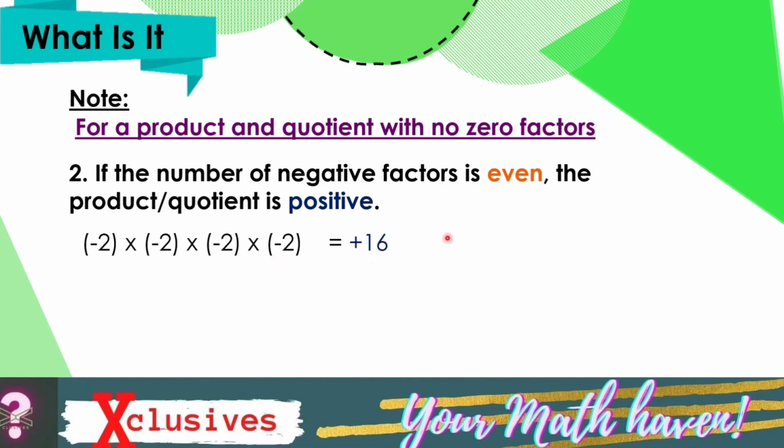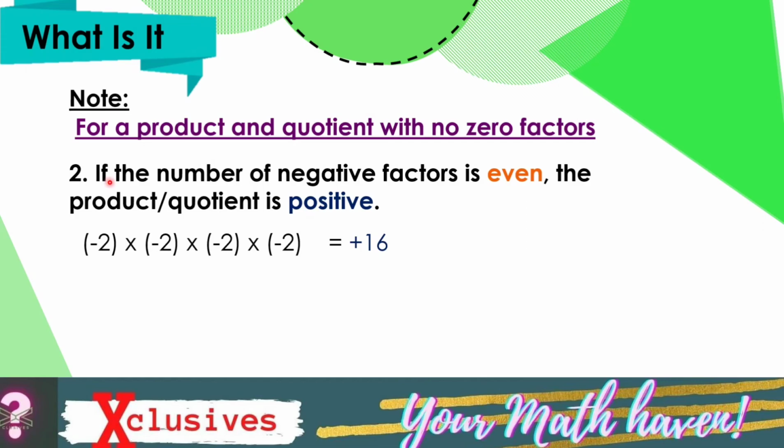And 4 is even. That's why we have a positive answer. Let us multiply it back for you to understand more. Negative 2 times negative 2 results in positive 4, times negative 2 results in negative 8. Negative 8 times negative 2 will result in positive 16.